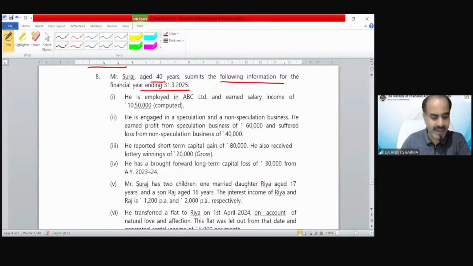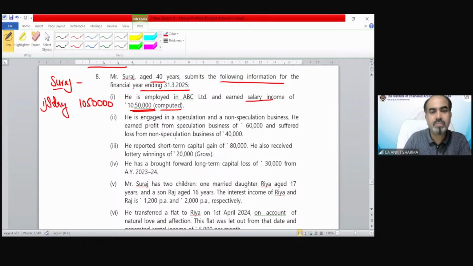Now the question says he is employed in ABC Limited and salary earned income is 10,50,000, that is computed. So we can calculate the income over here. First is income from salary, 10,50,000. He is engaged in a speculation and a non-speculation business.